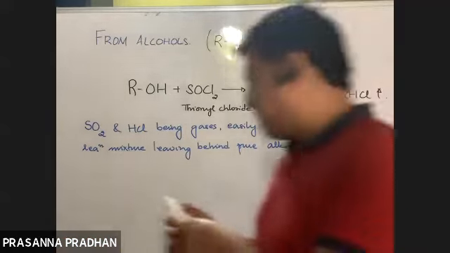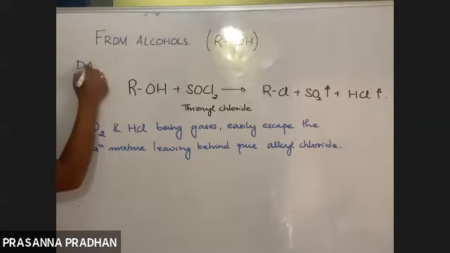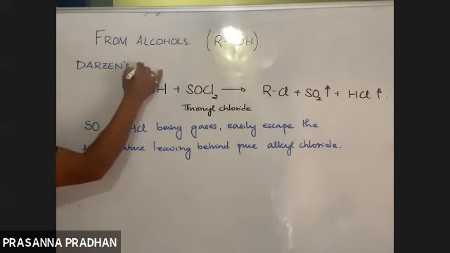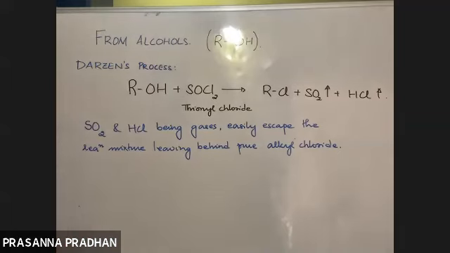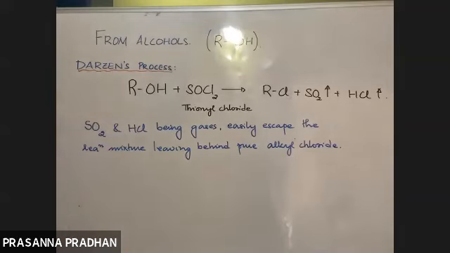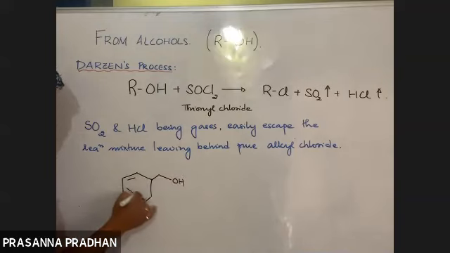And this method of preparation of alkyl chlorides, starting from alcohol and thionyl chloride, is known as Darzens process. Say suppose you are given this alcohol, benzyl alcohol, C6H5CH2OH.